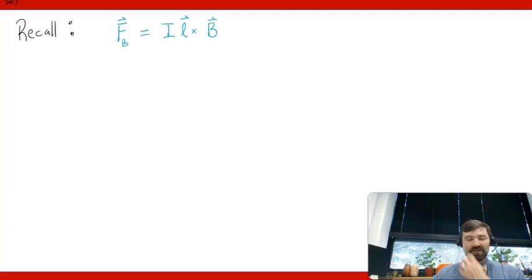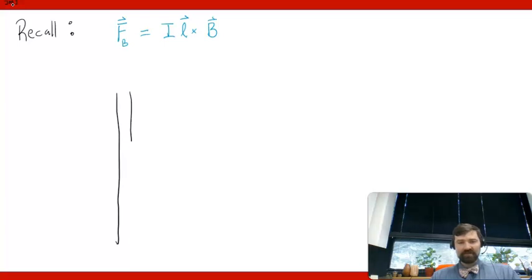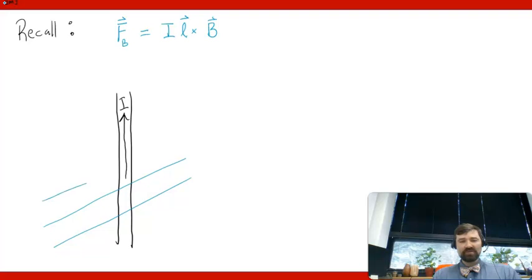This length vector points in the direction that the current is traveling in. So if I happen to have a current carrying wire, let's say again that it is like this, and I've placed it in an external magnetic field. So I have current in the wire here, and I place this wire in a magnetic field, let's make the magnetic field be maybe uniform but external to this wire.